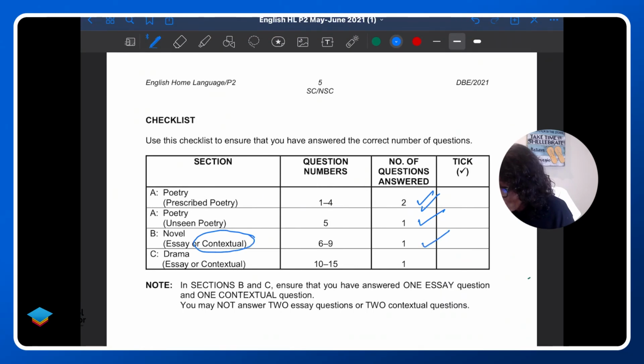And so therefore, I must choose the essay question for the drama to ensure that I have selected the correct questions. And then once you've done that, Bob's your uncle, and hopefully your brain is firing on all fours, and you've just done amazing. See you next time.